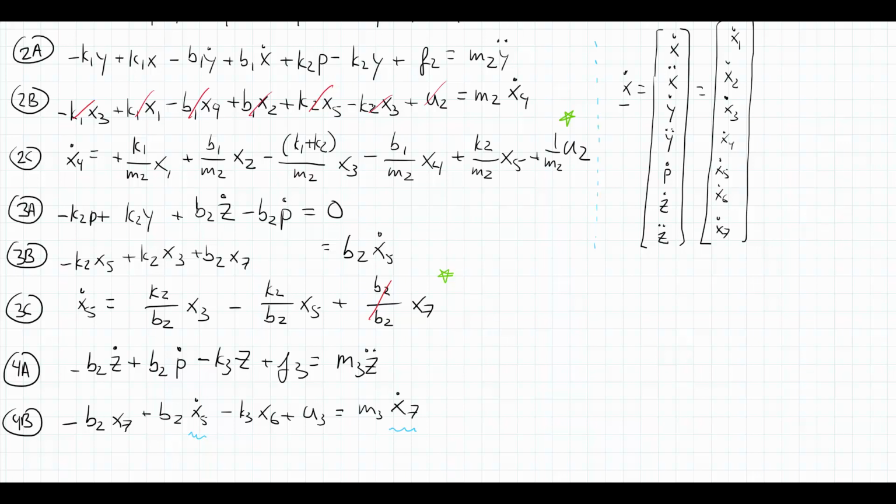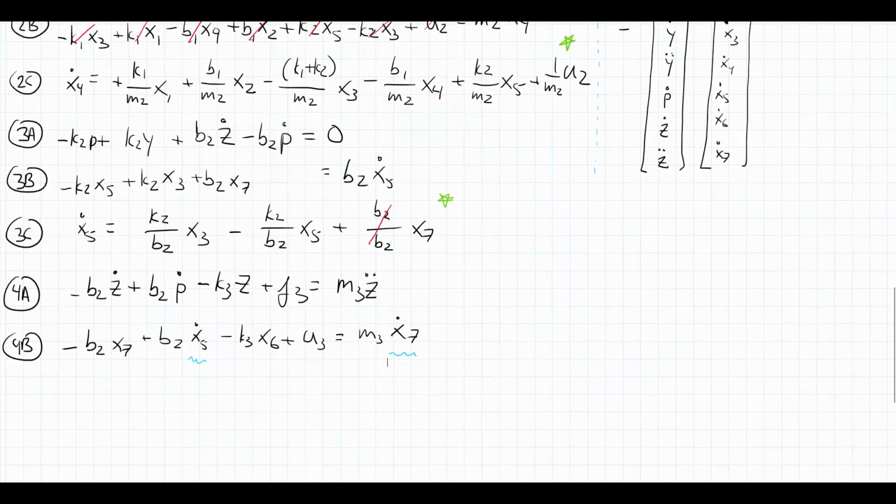So the fact I have x5 dot and x7 dot is a problem at the moment because there's 2 derivatives. I want only one. However, this can be remedied because I can replace the x5 dot term. I actually already know another expression for x5 dot. That is equation 3c.